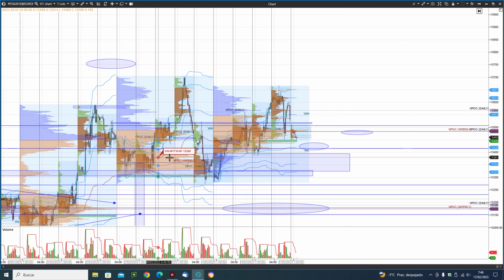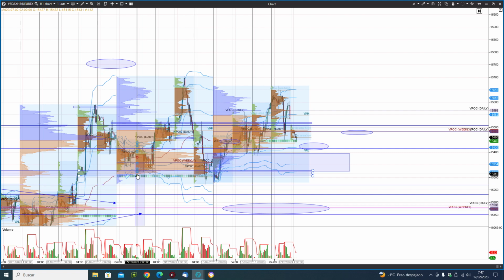Next step, this price action zone and this high volume zone. Here we have a maximum this week, talking about volume, at 15,359, and here is a very obvious point.